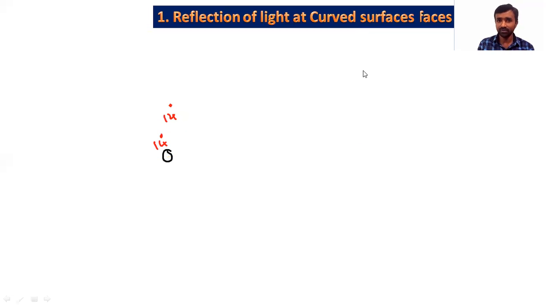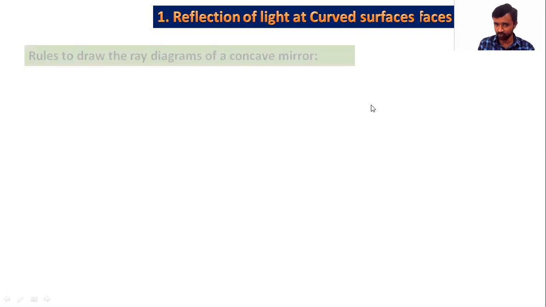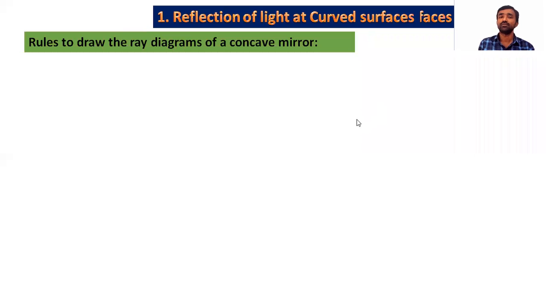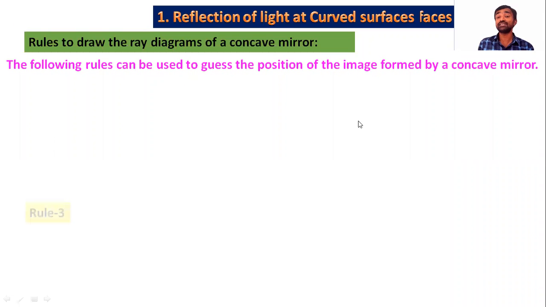What is the third rule? Passing through the center of curvature for a concave mirror. For a convex mirror, is passing through the center of curvature and meeting the convex reflecting surface possible or not? Not possible, because that point is located behind the mirror, right?